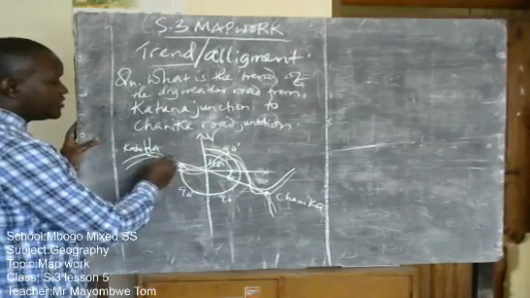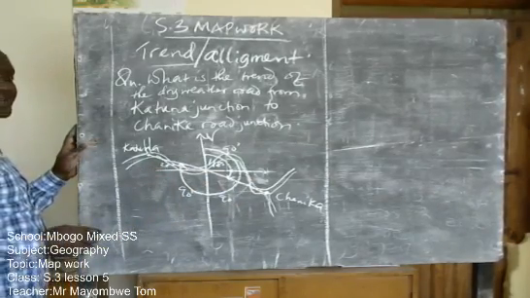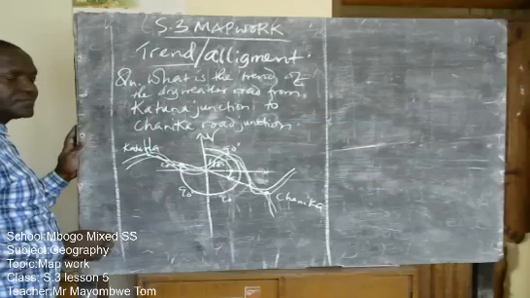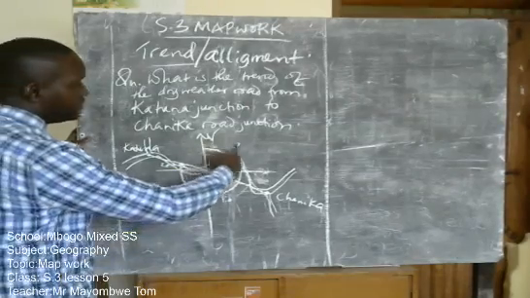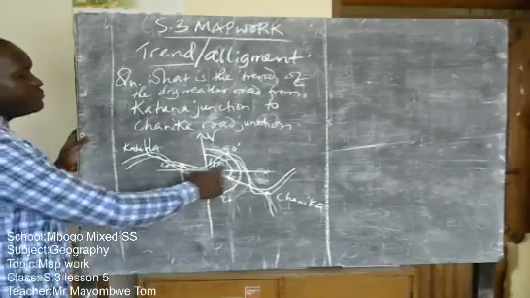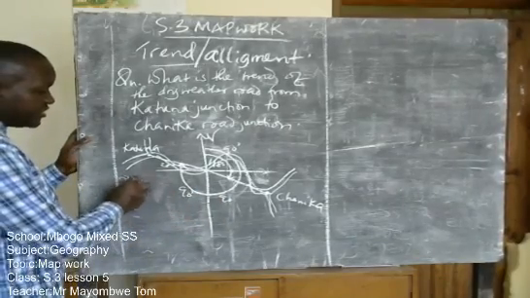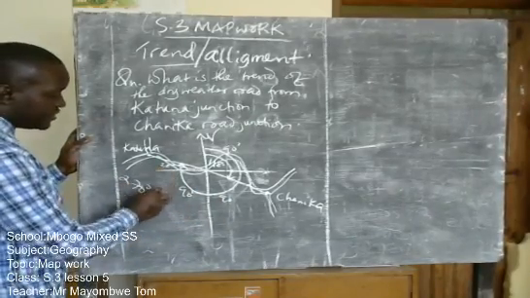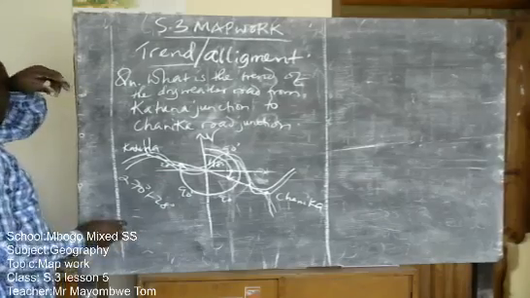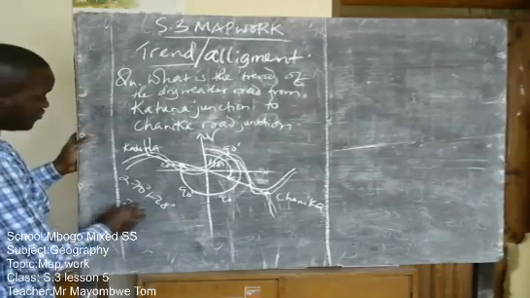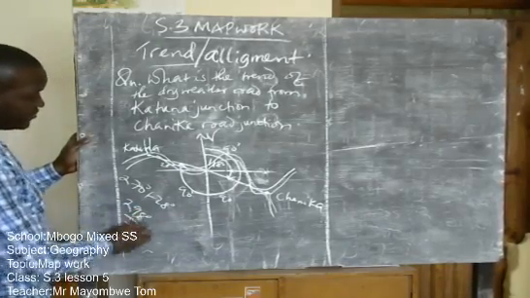This one is also 28. You don't need to measure. They are the same. So the whole of this angle is going to be 90 plus 90 plus 90. That is 270 degrees. Then plus 28 degrees. That will give you 298 degrees.